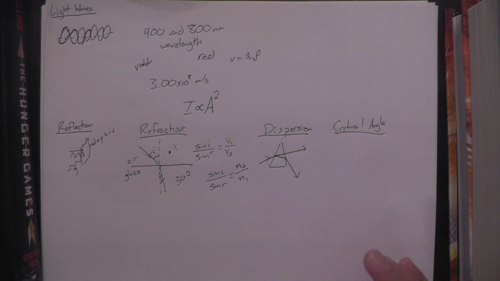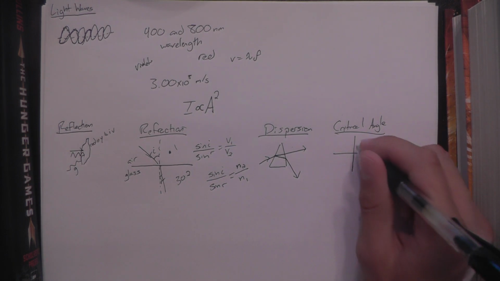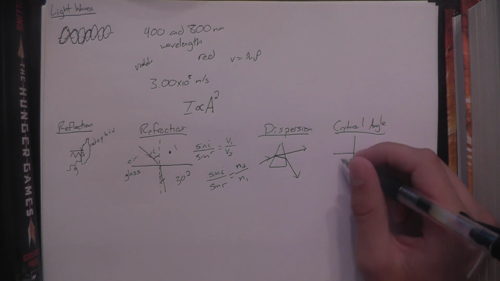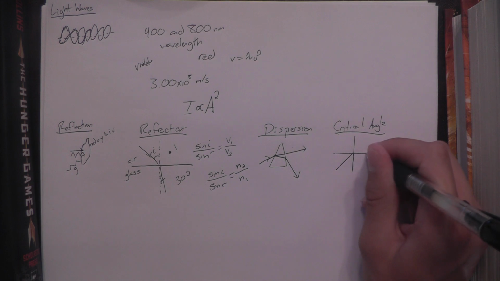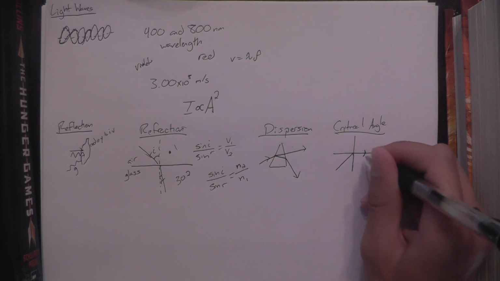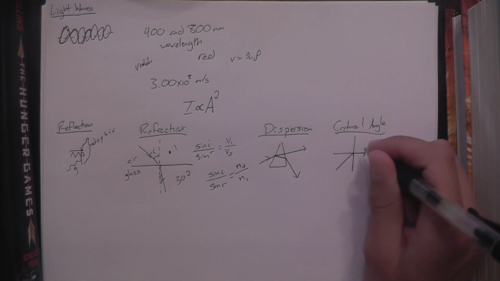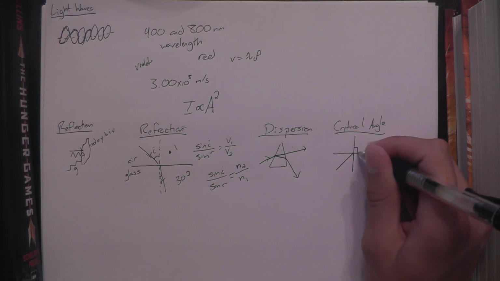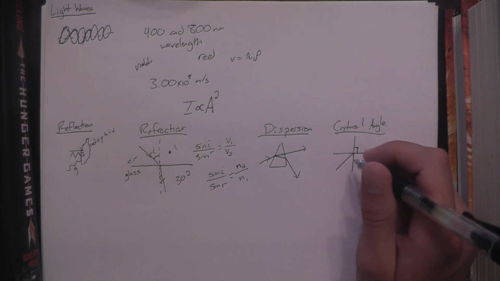Now, the deal with the critical angle is, on some surfaces, when light tries to pass through, it's just going to be refracted right in the same direction as the line of refraction. That is the critical angle. When the angle of refraction is 90 degrees, that's the critical angle.